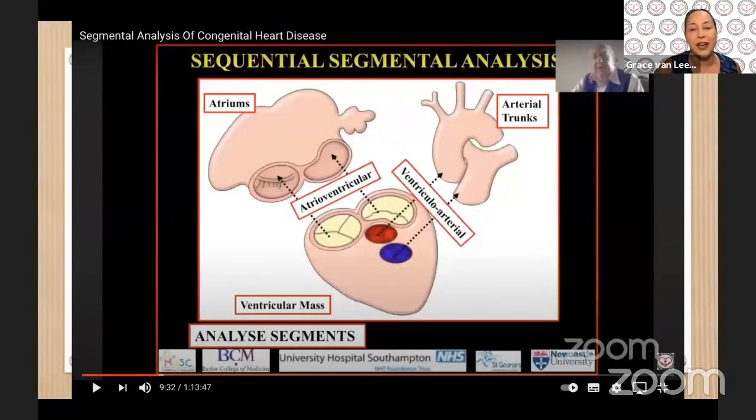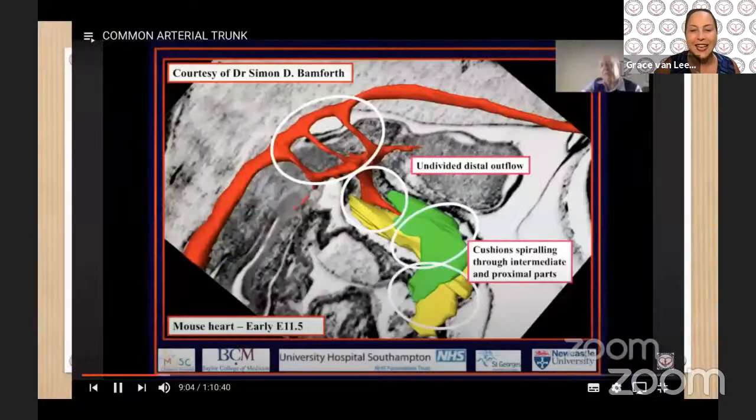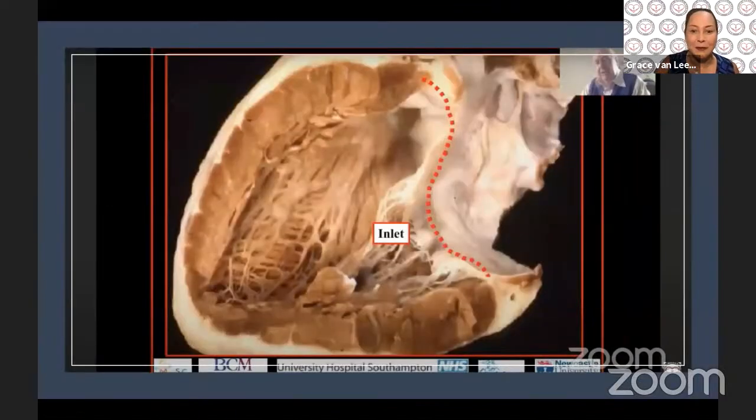We got used to having his great diagrams every Friday, and I've learned about the Carnegie stages of the heart development, and we learned how to see these developmental images of the fetus of the mouse and the human fetus as well. I've learned what an episcopic image is and much more.